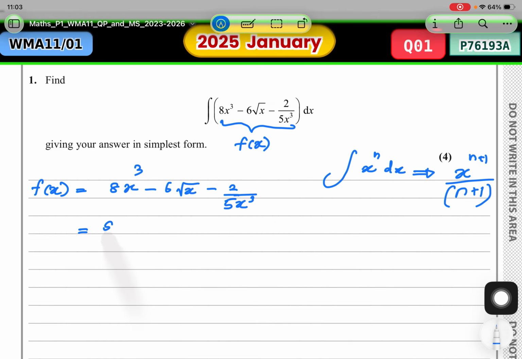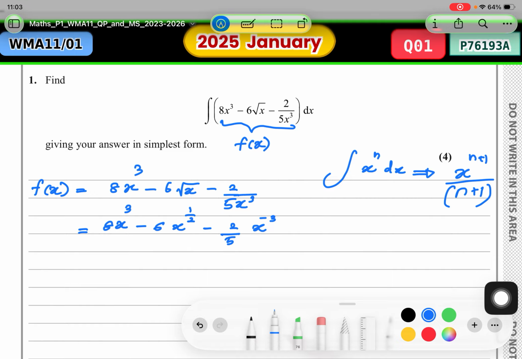So we know 8x to the power 3 is in the normal format. So we can take the 6 and x to the power half, because root is half a power, minus 2 divided by 5, and the x will be taken up, so it will be negative 3. So this is our function.